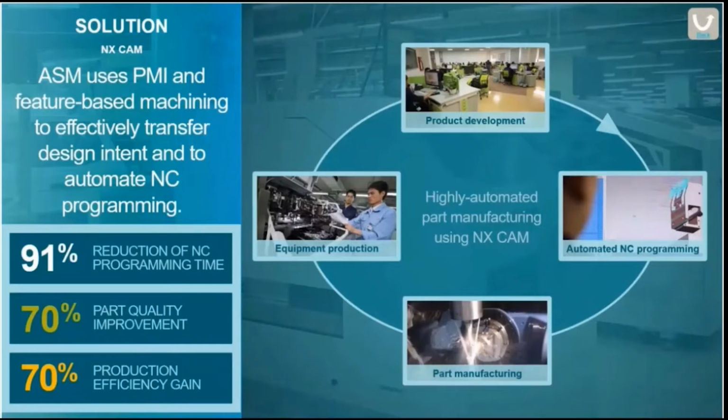This ensured the first-time success of machining operations, which improved part quality and minimized scrap. This combination of a high level of programming automation, end-to-end connectivity, and virtual validation of machining processes enabled ASM to improve overall production efficiency by 70%.